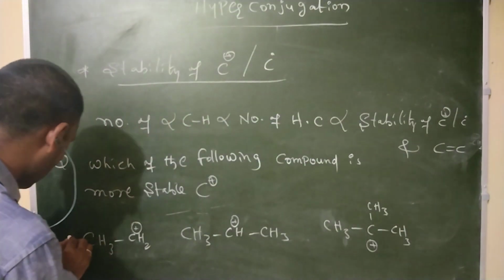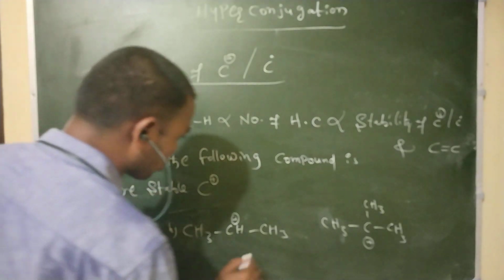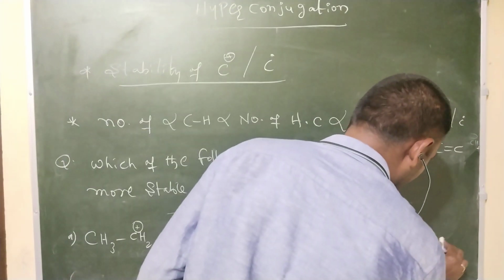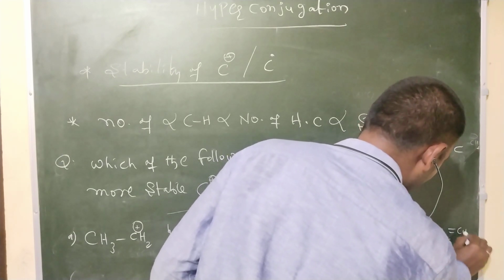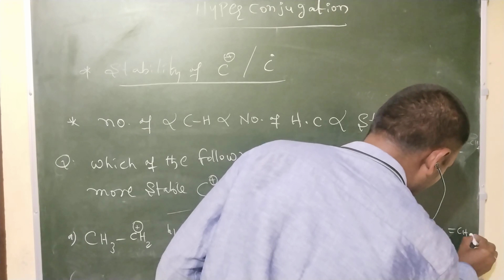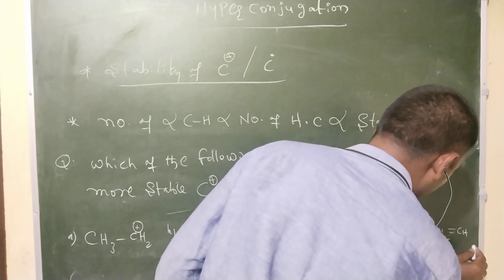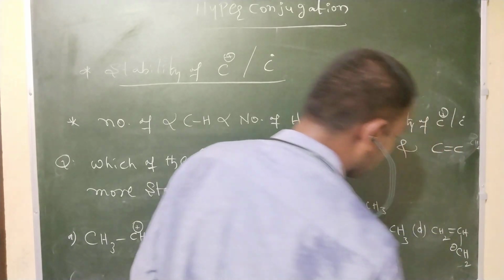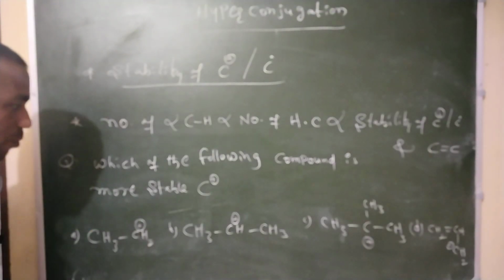So I am taking these three compounds, which one is more stable, and also D, where I take CH2=CH, CH2 plus. So which of the following compounds is the more stable carbocation?